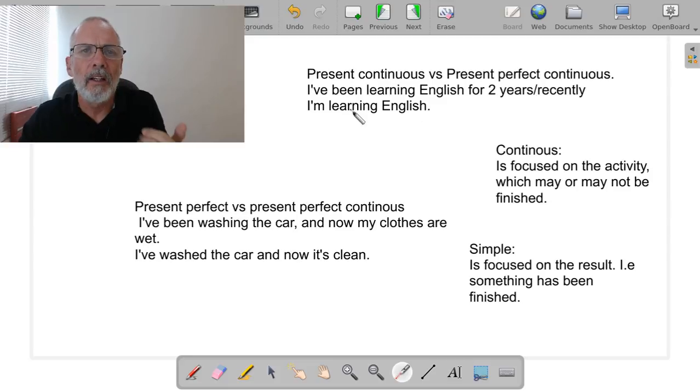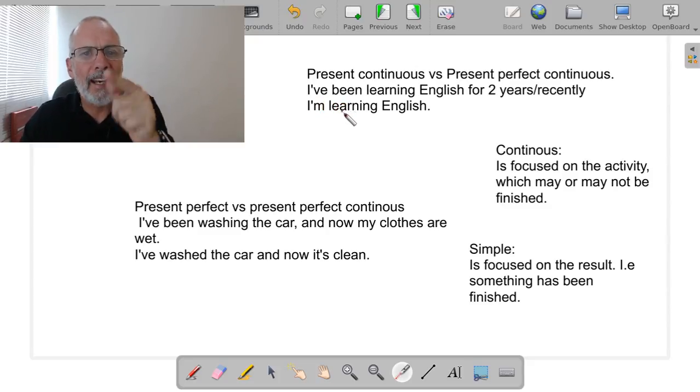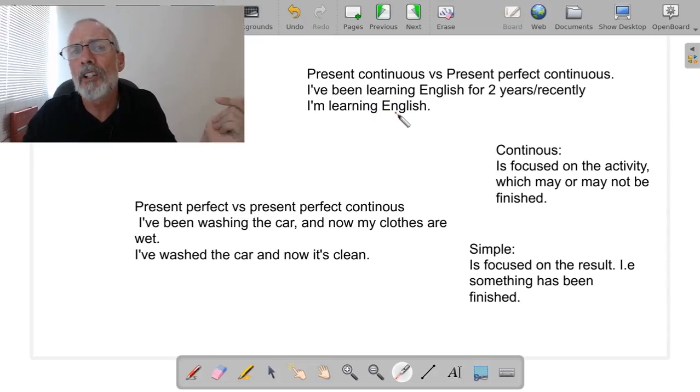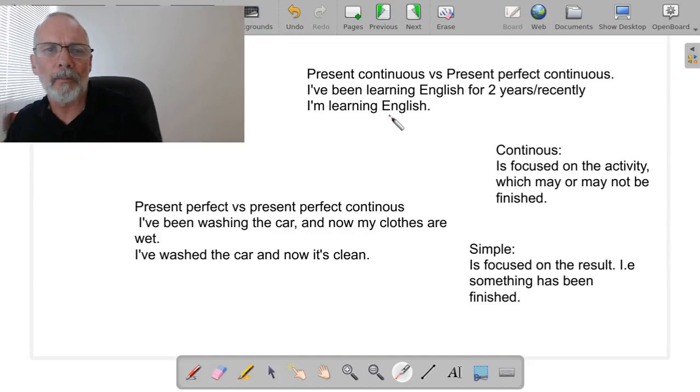You don't actually have to be learning English in the moment that you say it. Right now you are learning English because you are in an English class. But you could also say it if you're with your friends, hey, what are you doing? Oh, I'm learning English at the moment, which means I started my English course and I haven't finished it.